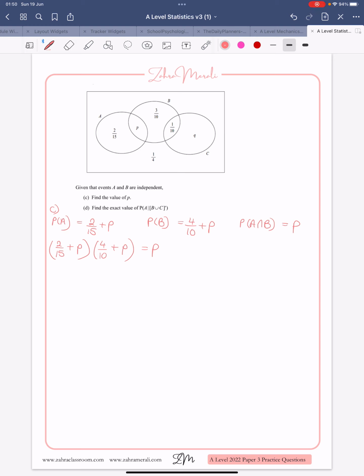Right. Now you could have multiplied something out, but it's easy just to use our long multiplication. Opening our brackets. So 2/15 times 4/10.